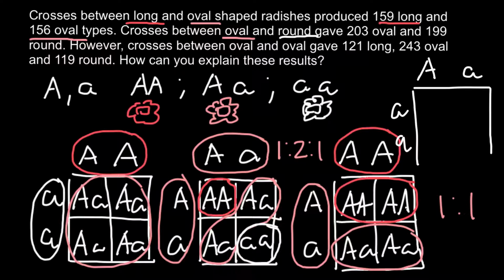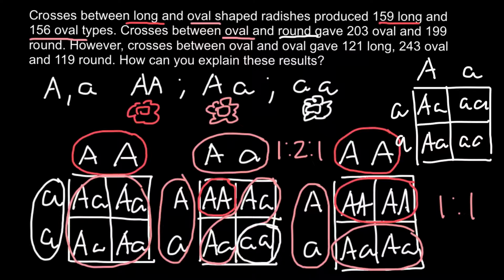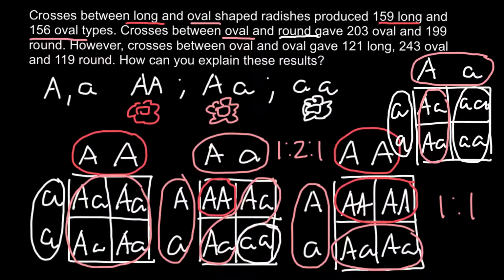So when we build one more Punnett square, as you see, genotypes would be as follows: capital A, small a here, small a, small a here, capital A, small a here, and small a, small a here. So this is going to be white, and this is going to be pink. And the progeny is going to be 50% pink and 50% round.